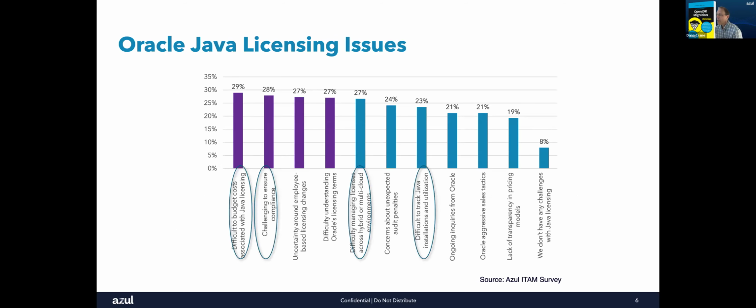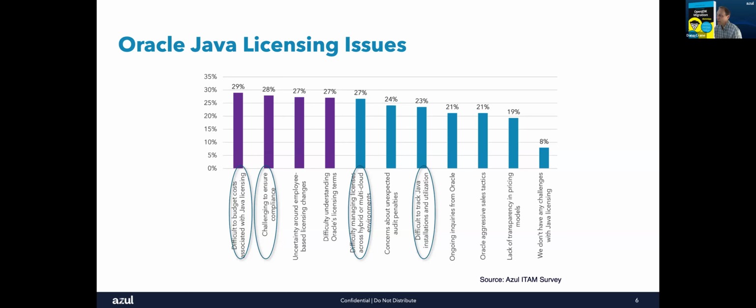So we recently did a survey amongst IT asset managers globally, across small, medium, and large enterprises. What we're trying to understand is what it is about the Java estates, what it is about the Java licensing that they find confusing.